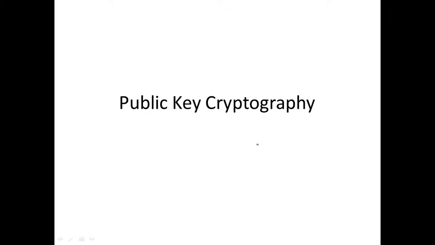In this session we'll be looking at what is public key cryptography. We know what is symmetric key cryptography, but we are going to take a look at what is asymmetric key cryptography now. A quick recap of symmetric key cryptography. In symmetric key cryptography, say we have a receiver and the sender, both will share the same key.